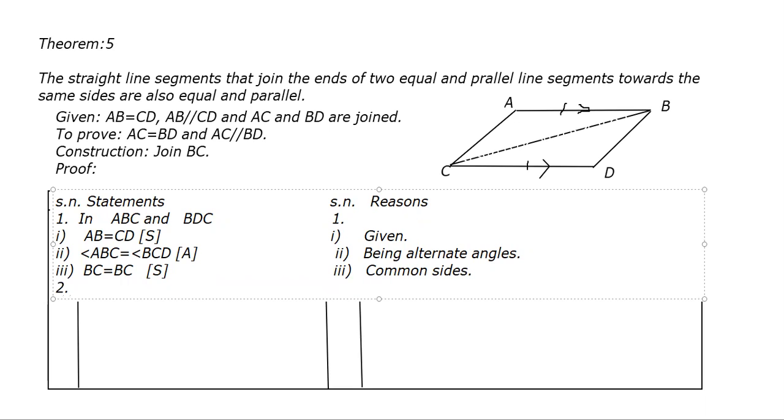Now, by side angle side, we can write they are congruent. Yes, triangle ABC is congruent to triangle BCD. Reason is side angle side, SAS axiom.